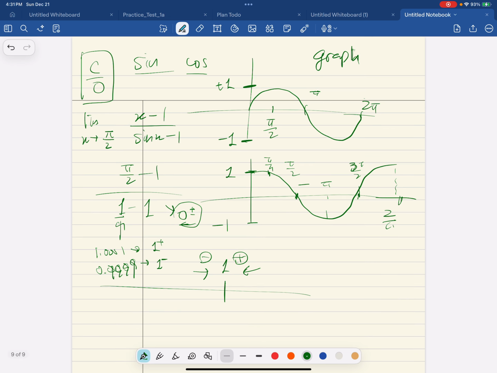If you look carefully on the sine graph, approaching pi over 2, from either the negative or positive side, it approaches 1 from the bottom. Scanning from the bottom going up, it approaches 1 but will never be 1, because the limit means x approaches pi over 2 and never reaches it.